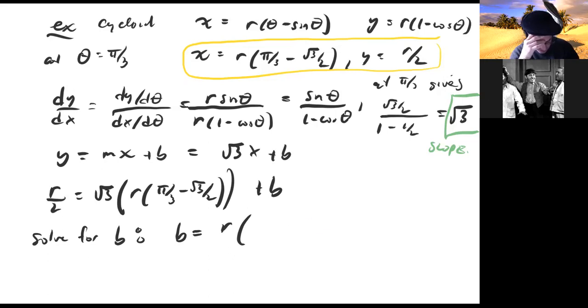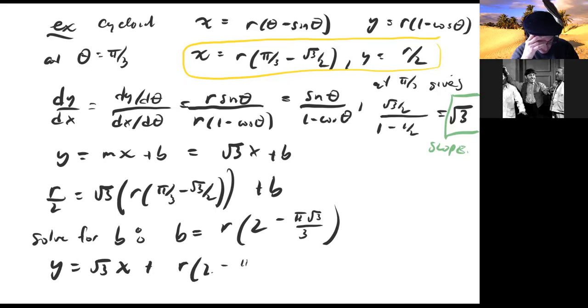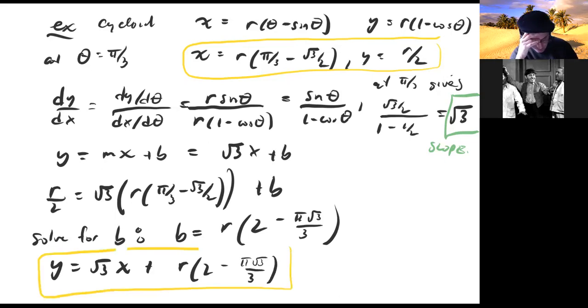You get 2 minus pi radical 3 over 3 times r. So therefore, y equals radical 3x plus b, where b is r times 2 minus pi radical 3 over 3. That's the final answer to obtaining the equation of the tangent line to the cycloid at that point.